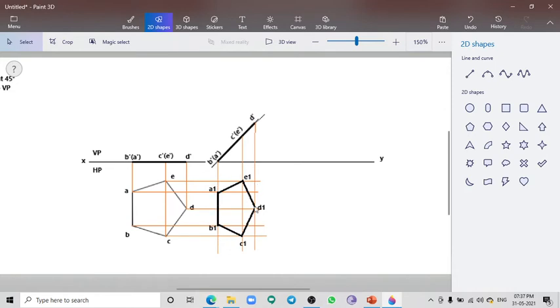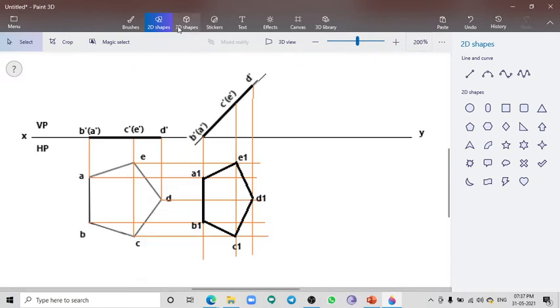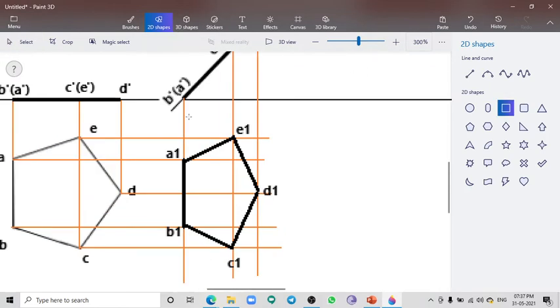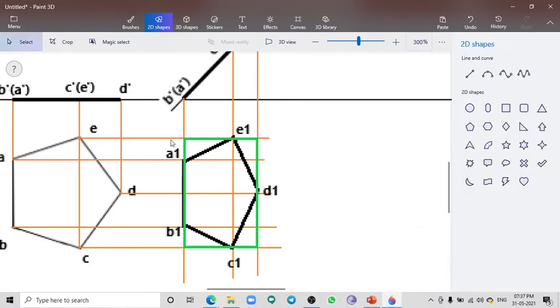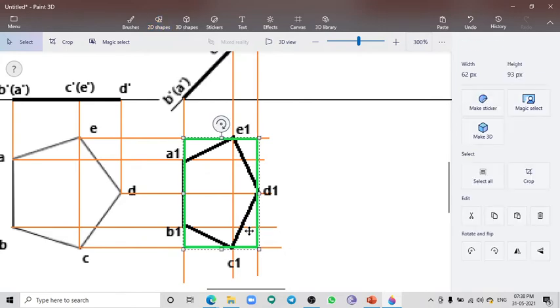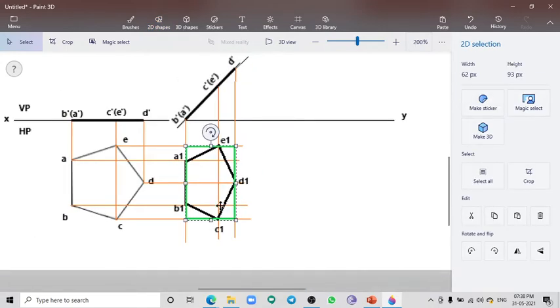In the rectangle I am going to incline at an angle of 30 degree, which will be the easiest way. So I am going to consider the outermost points of this particular pentagon as a rectangle, which is highlighted in this green line. Then I am going to incline this rectangle at an angle of 30 degree, which is easier than inclining this pentagon.